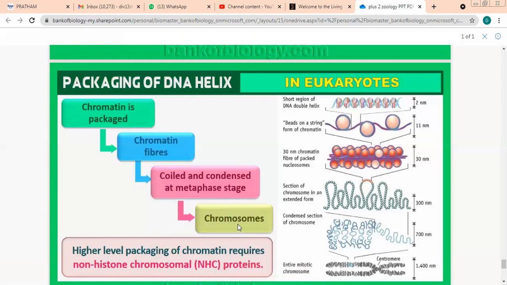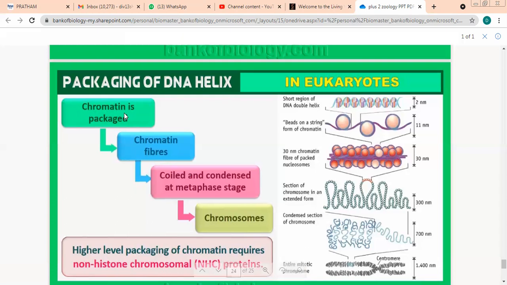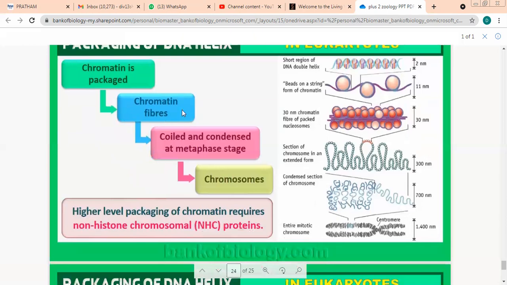Okay, so how are chromosomes made? First, what is the first thing we have? Small threads, known as chromatin threads. They will combine to form which fibers? Chromatin fibers. See on the screen, what are these fibers? Chromatin fibers. What happens to the chromatin fibers at metaphase stage?